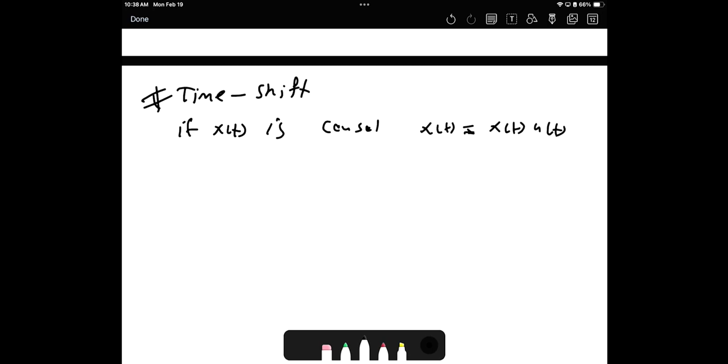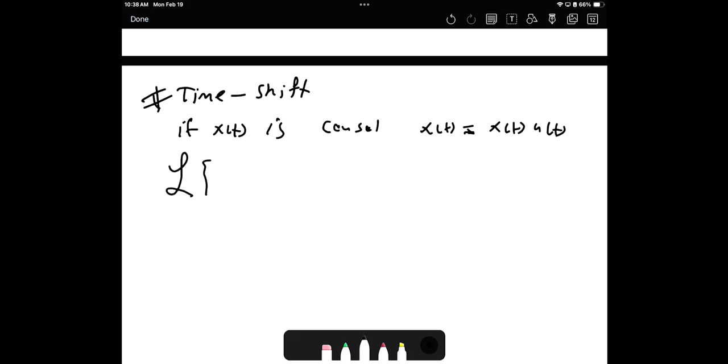It does not depend on the future, only on the past values, but not the future. Input causes output. That's what causal means. It depends on the past or present, not the future.